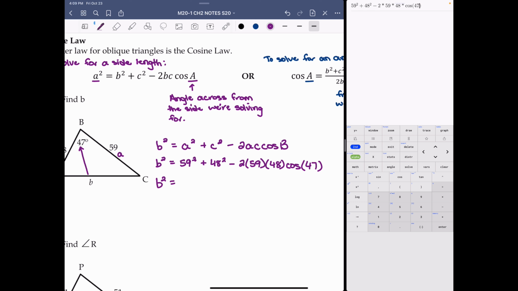Double check it. Looks good. Hit enter, and we get 1922.1612.